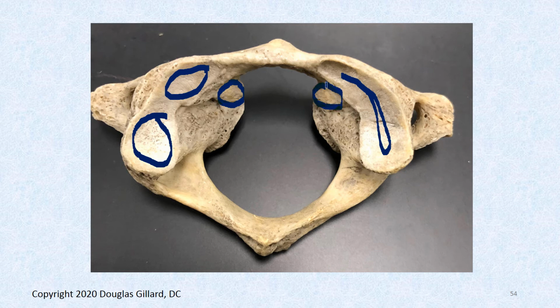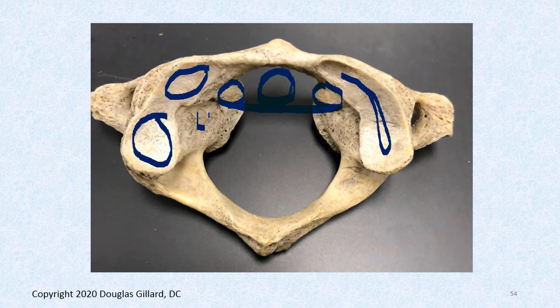It holds a very important ligament called the transverse ligament of Atlas, which runs right between there. The dens fits right in here. So the dens, C1 and C2 are mainly held together by this really important ligament, the transverse ligament of Atlas. This would be the lateral mass.